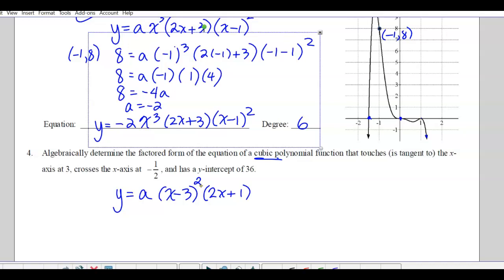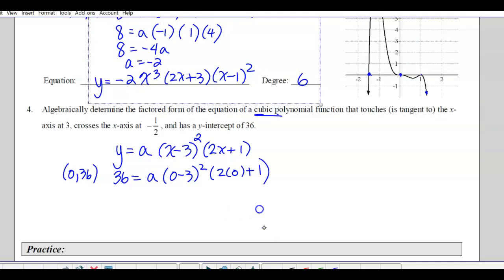And then a y-intercept of 36, so 0, 36. Going up again here. Okay.